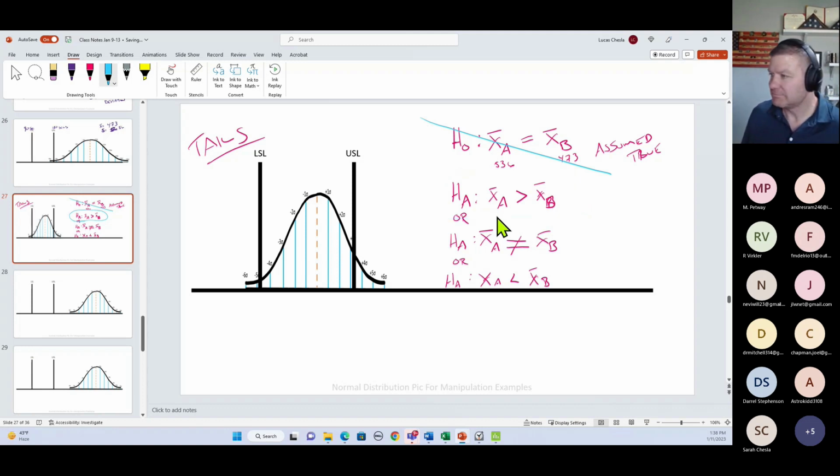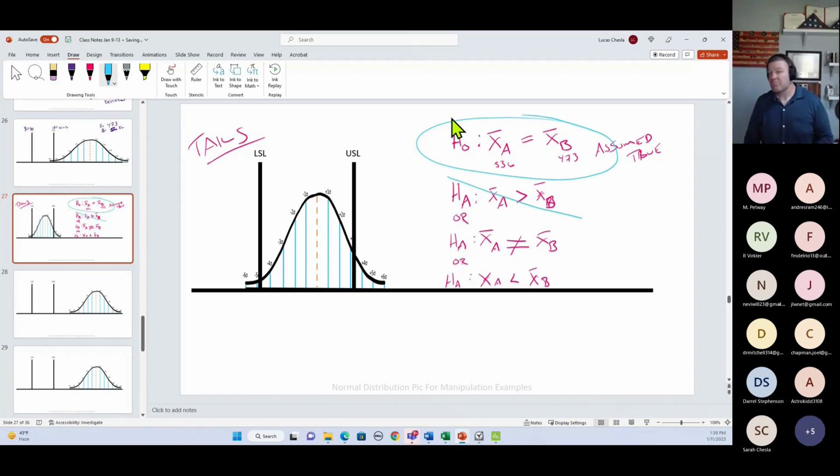Now, if I fail to reject the null, what I'm saying is there wasn't enough evidence provided that they're actually different. 473 and 536, there is no statistical significance. They're not statistically different from one another. So I can either reject the null or fail to reject the null.